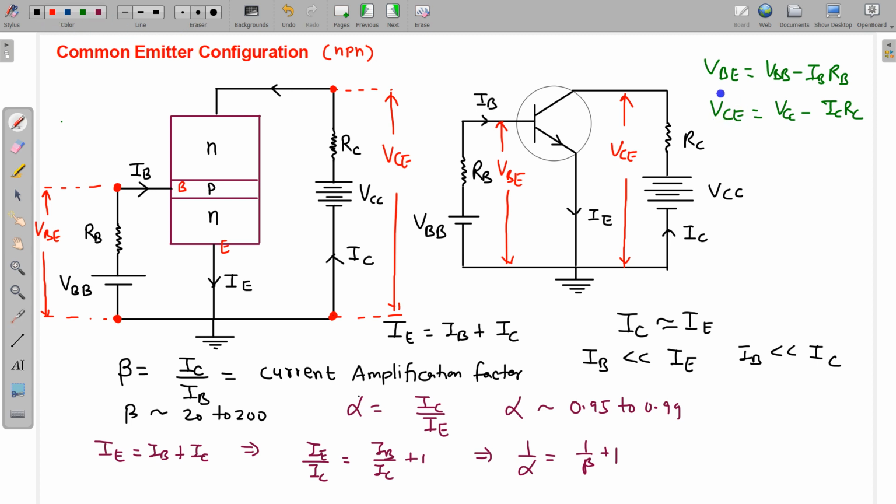This is VCE. VCE is the potential difference or voltage difference between collector and emitter terminals. But I am talking about VCB, potential difference between the collector and base junction.